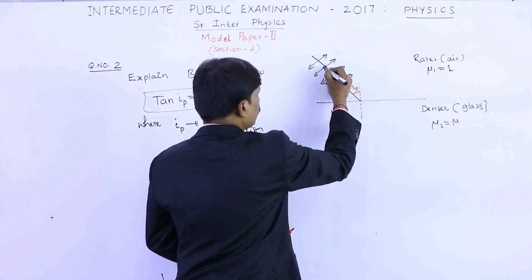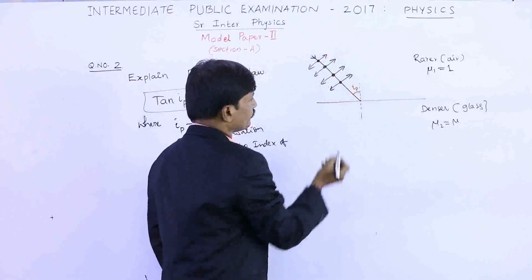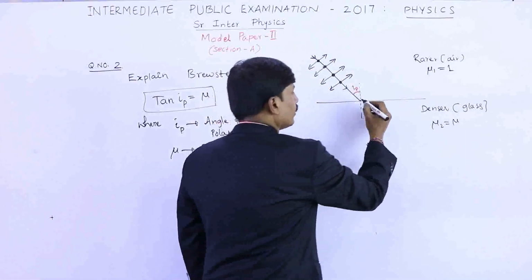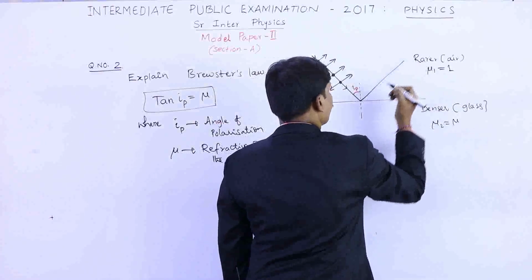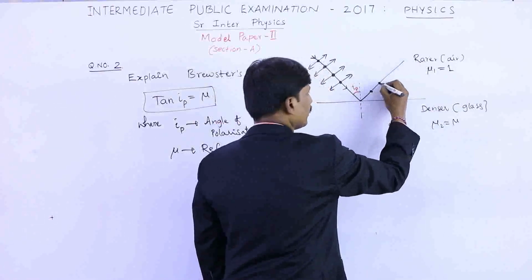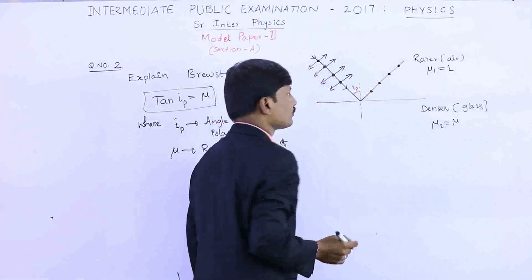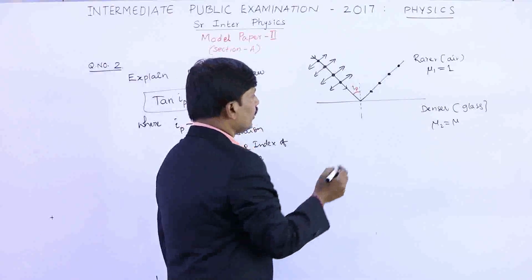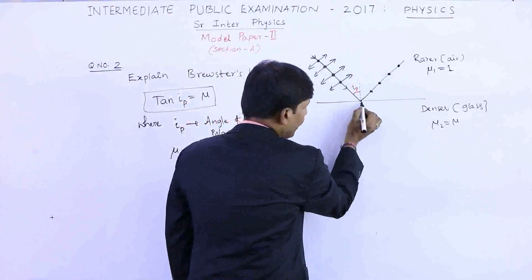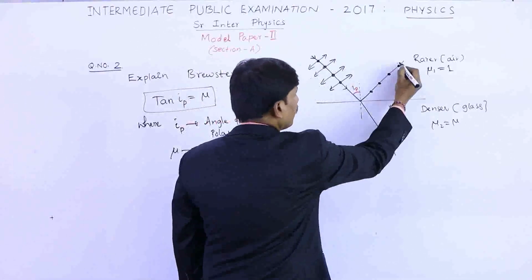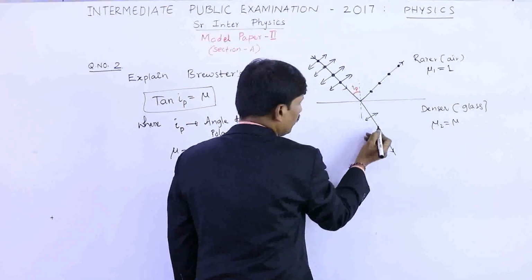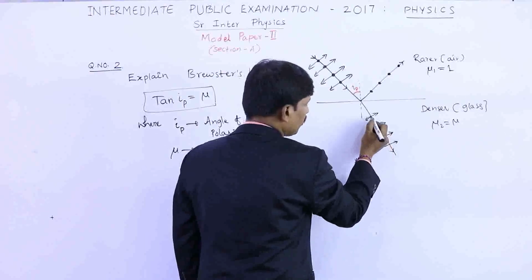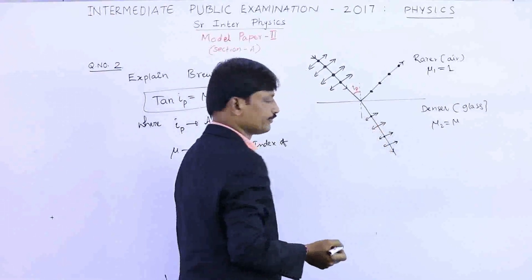This is the representation of unpolarized light. For this angle of incidence, the ray gets reflected. The reflected ray is completely plane polarized, having electric vectors, and a refracted ray having all double arrow components and some of the dot components.